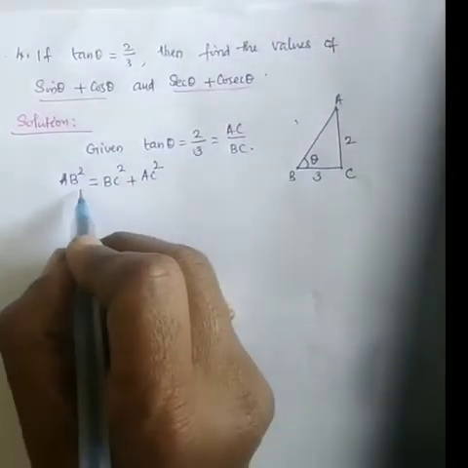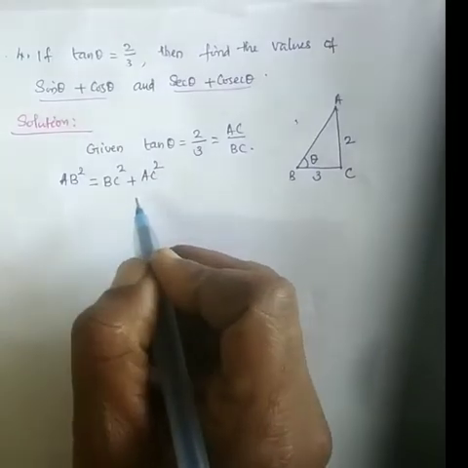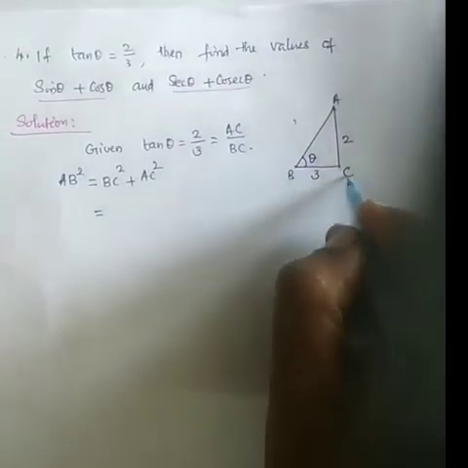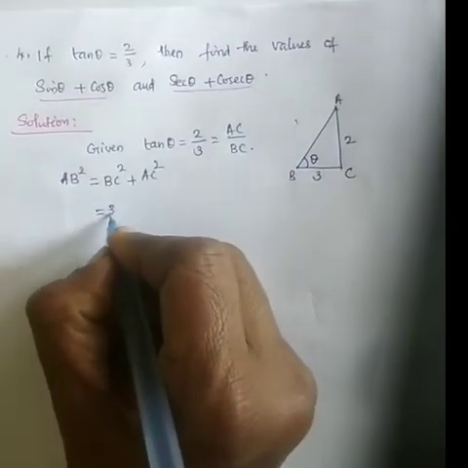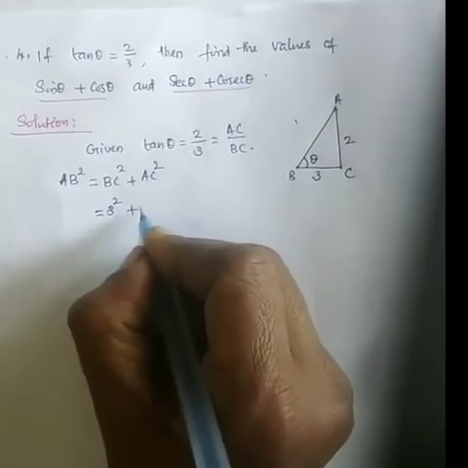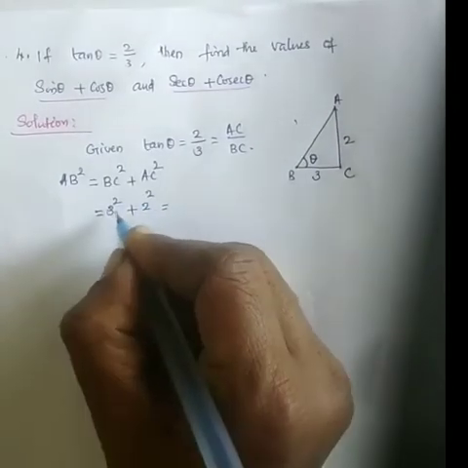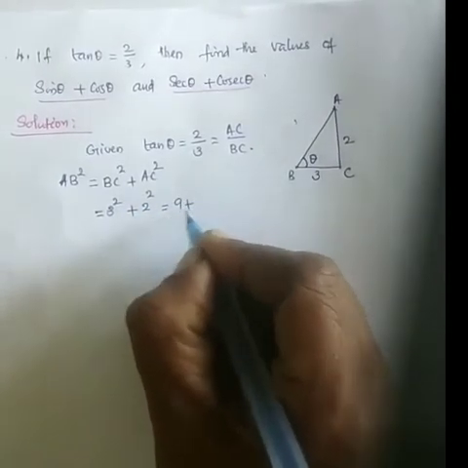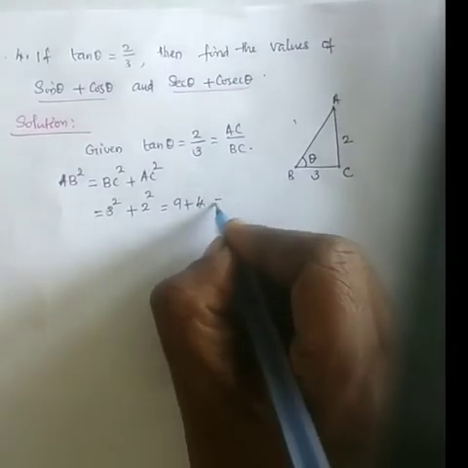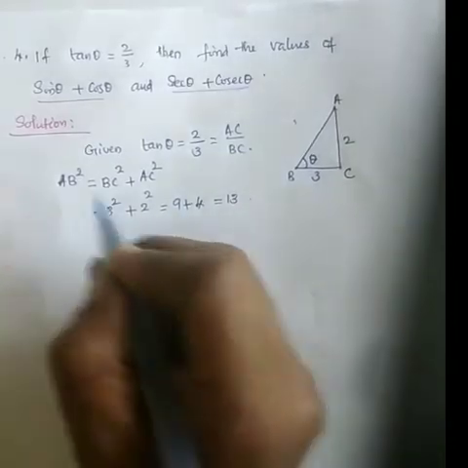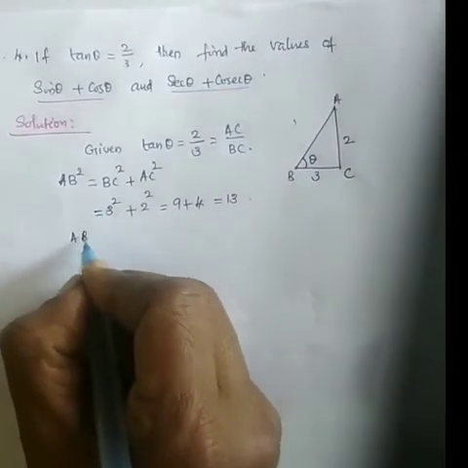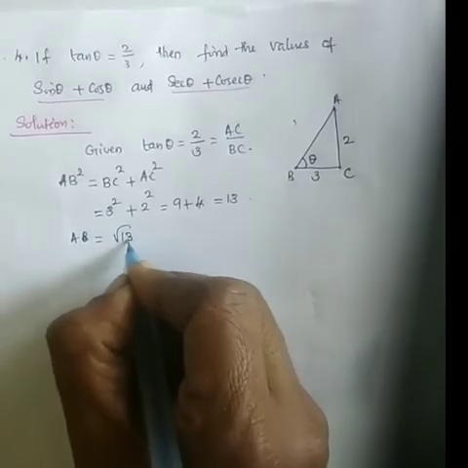That is AB square equal to BC square plus AC square. Here BC is 3, so BC square is 3 square, and AC is 2 square. 3 square is 9 and 2 square is 4. It is equal to 13. AB square is 13, therefore AB equals root of 13.